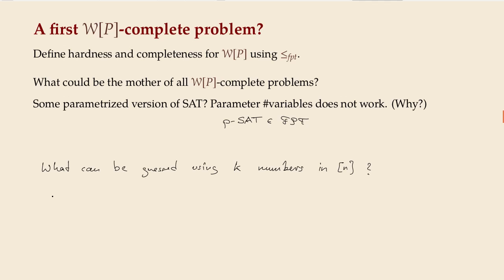Well, this can identify a subset of variables, but not any subset, but only those of size k. I can choose a subset of size k from n numbers by guessing the indices of k items, right? But I cannot guess all the 2 to the k different versions.